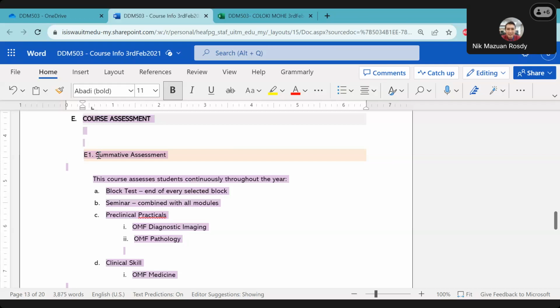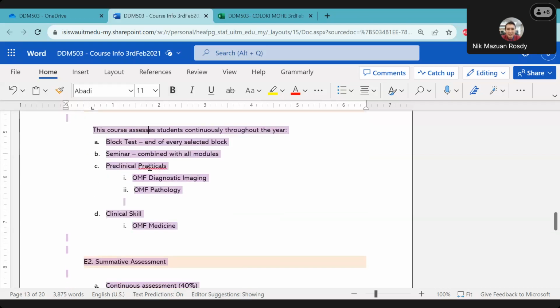It can be part of the requirement, but the marks are not taken for the final. So that is formative. When we talk about summative, all the marks obtained will be tabulated for the final assessment. As you can see here, my continuous assessment includes block tests, seminar, preclinical practicals, and clinical skills. This will comprise 60%.